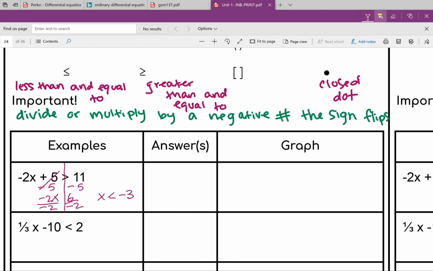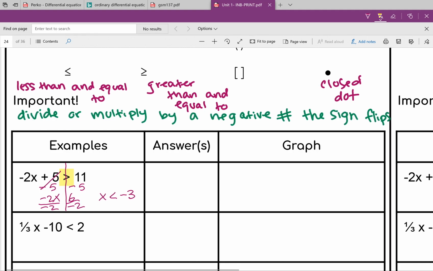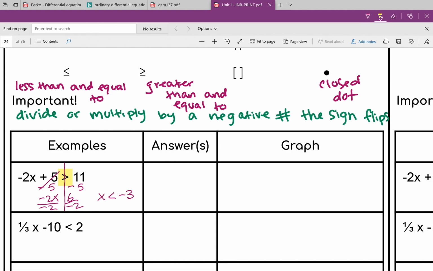Notice that my sign here flipped. Okay, my sign flipped. Okay, so my answer is x is less than negative 3. And to graph this on the number line, I'm going to put negative 3 in the middle. And I am going to write all the numbers, that's what x stands for, that are less than negative 3.